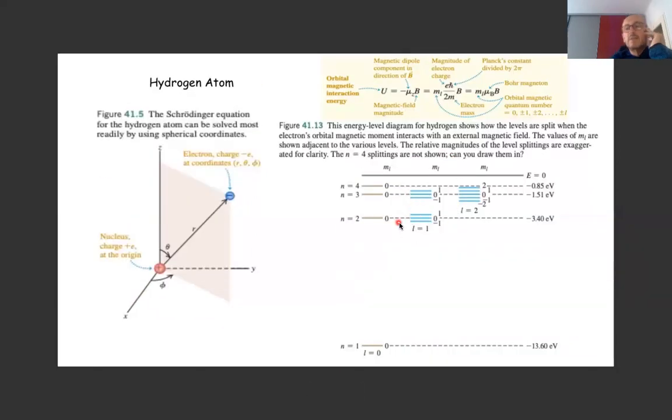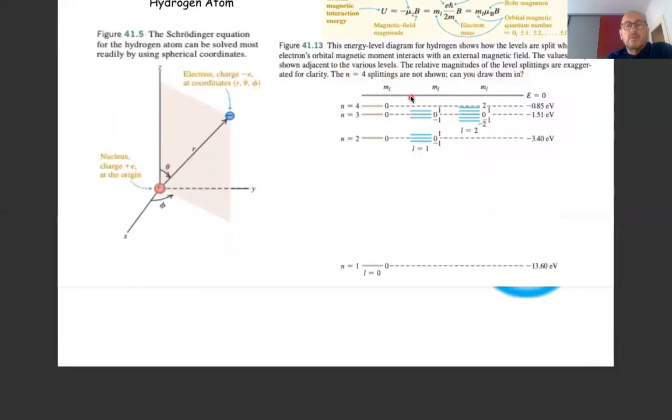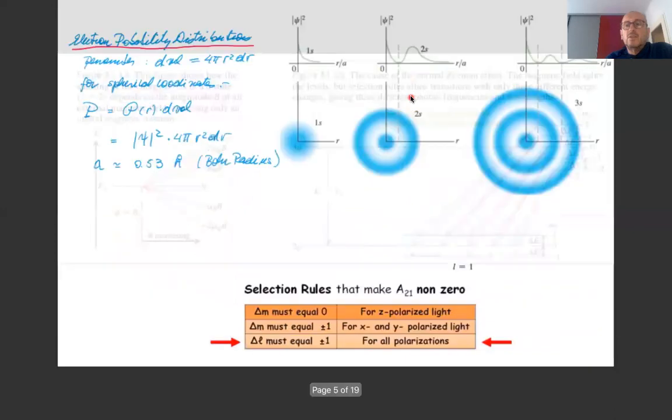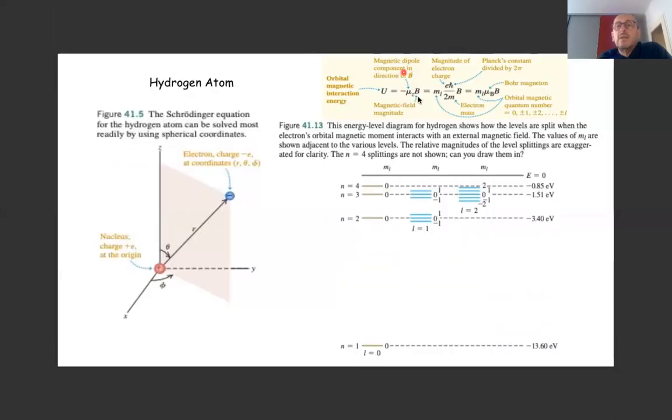Now we are applying a magnetic field, and the electron has a magnetic moment. The expression for the magnetic moment, do I have it here? No, I went over the details in the last section, but it is placed here.